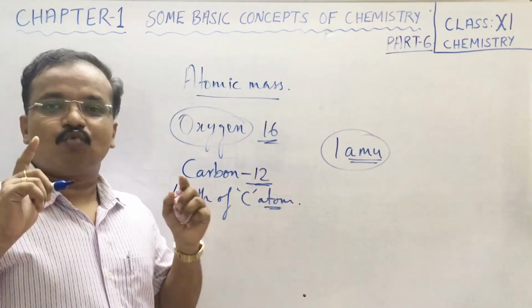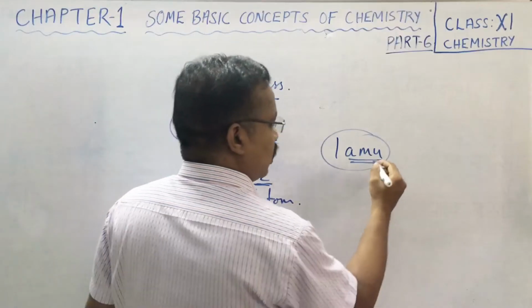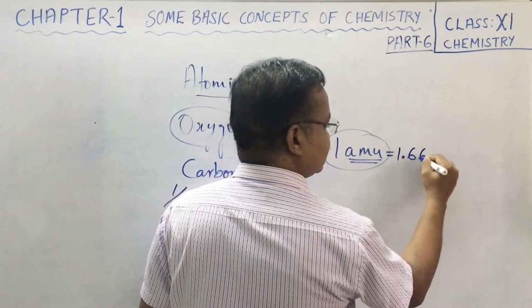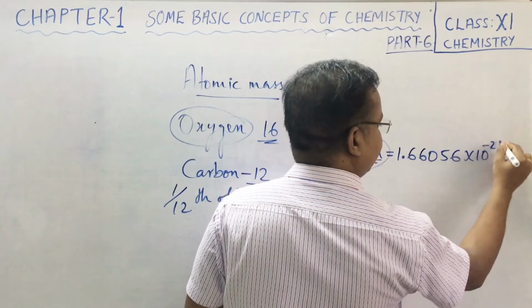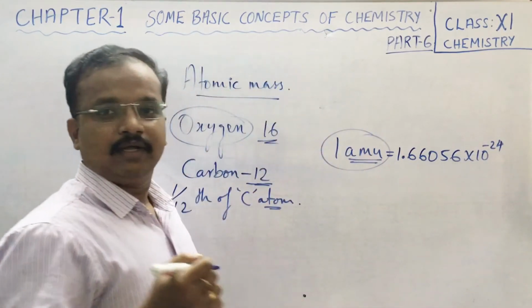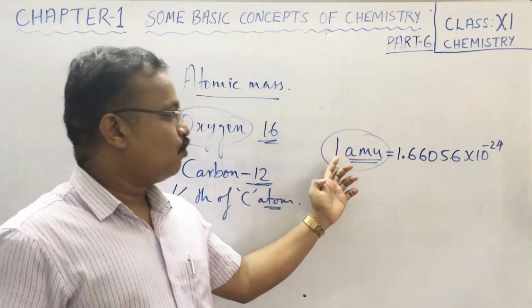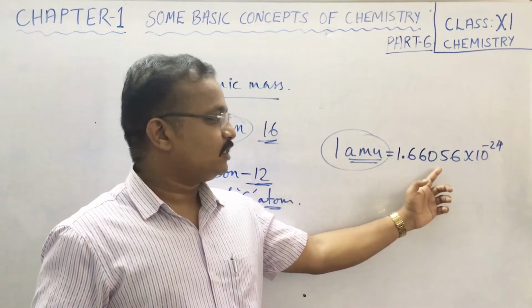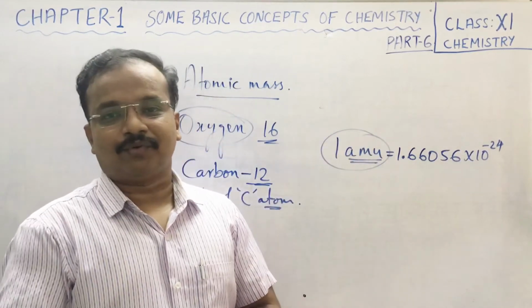And children, 1 AMU is equal to 1.66056 into 10 raised to minus 24 gram.